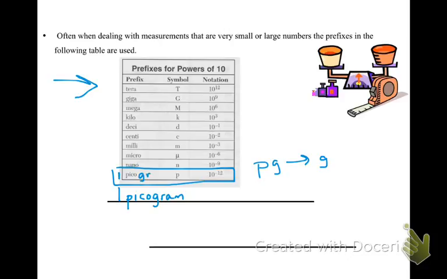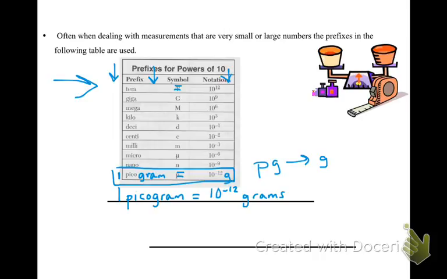We'll place our base unit after that, which is grams, then do an equal sign, or 1 picogram I should say, is equal to the factor, so 10 to the negative 12, followed by the base unit itself.